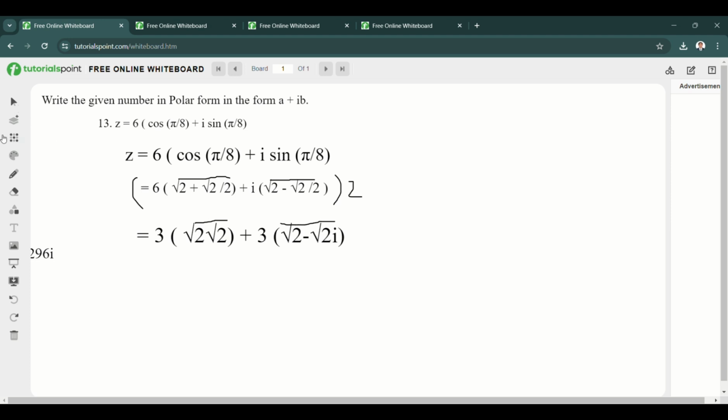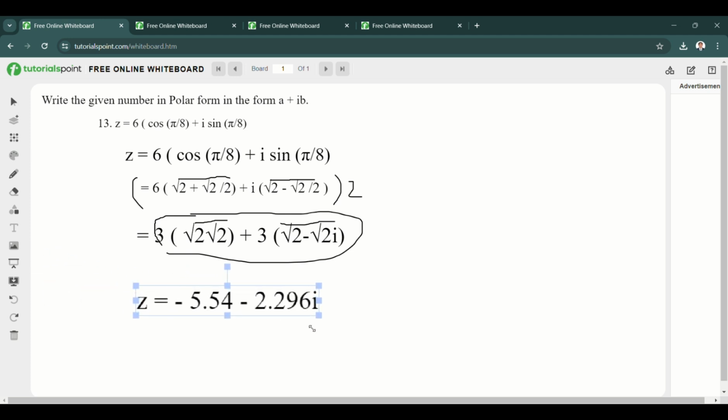So by doing the multiplication for both sides, we will now have the value of z, which is z equals 5.54 plus 2.296i.